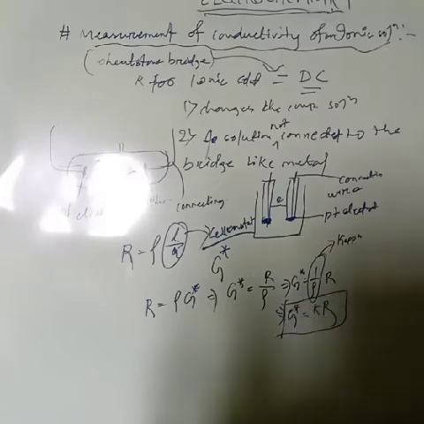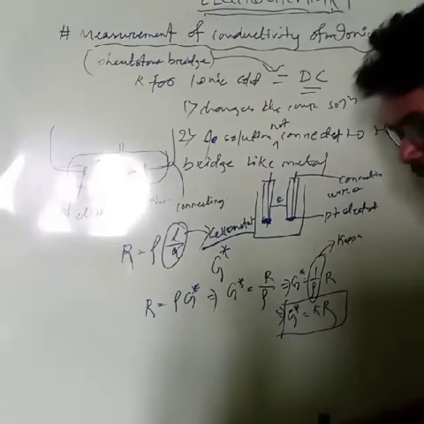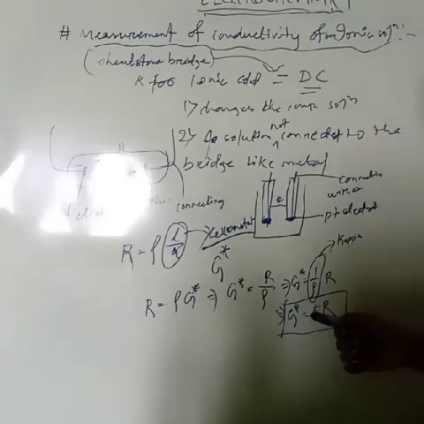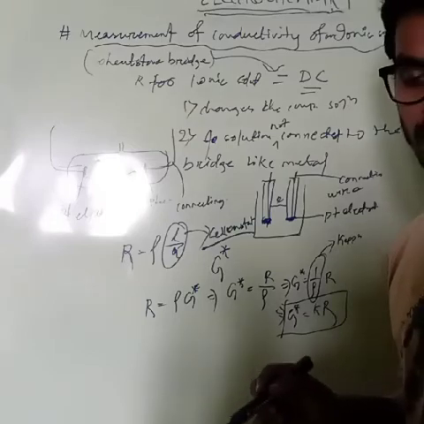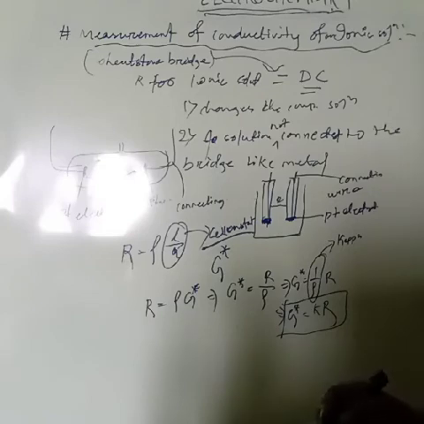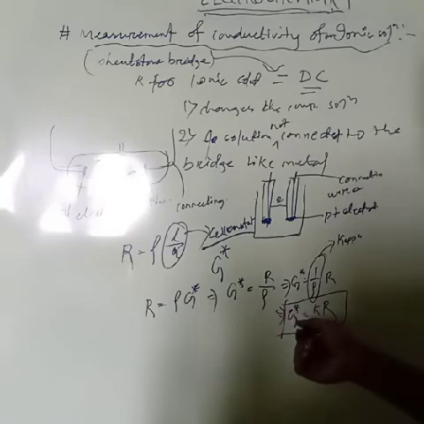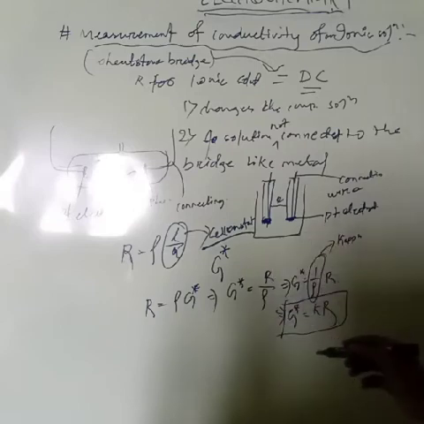G star is the cell constant, kappa is your specific conductance or conductivity, and R is the resistance. Understood?